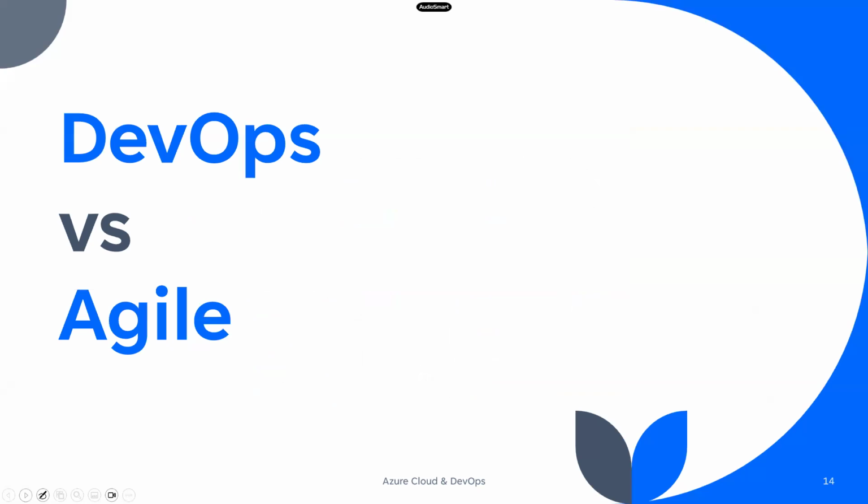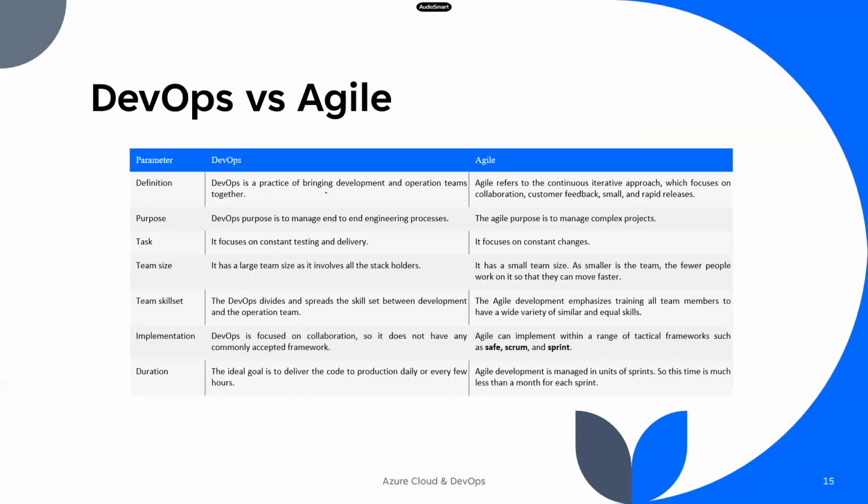It's like DevOps versus Agile, I can say. There are different types of comparison between DevOps and Agile actually. As I said, Agile is a continuous approach. DevOps is a practice between the development and operation teams. Mainly the purpose is to manage the end-to-end engineering process, that is, to manage complex projects.